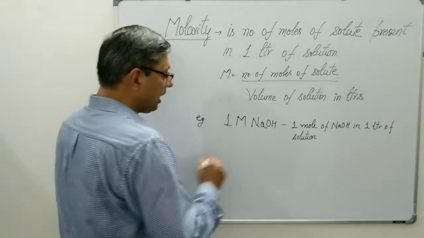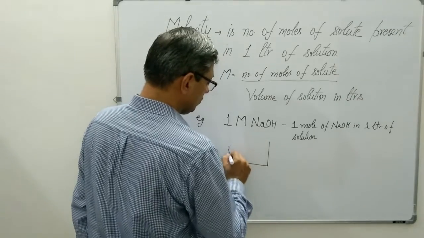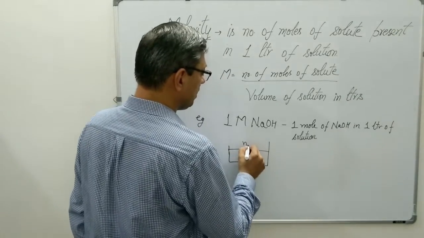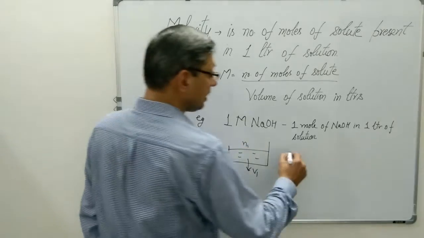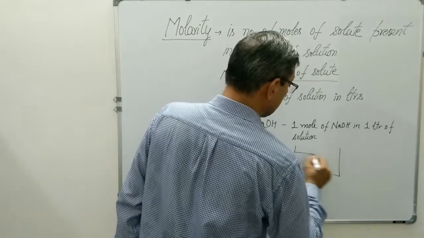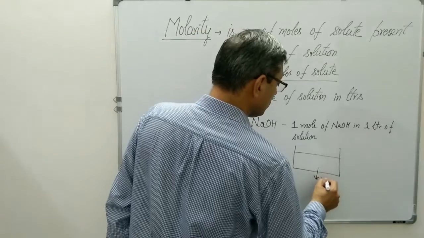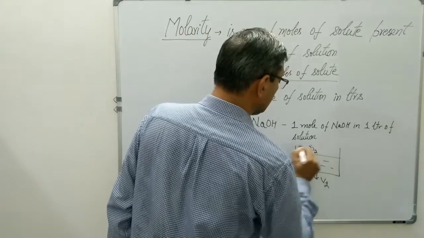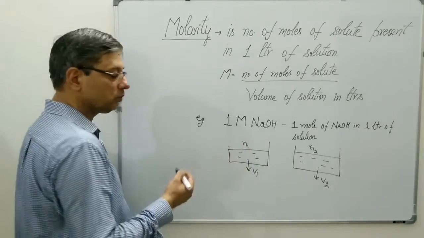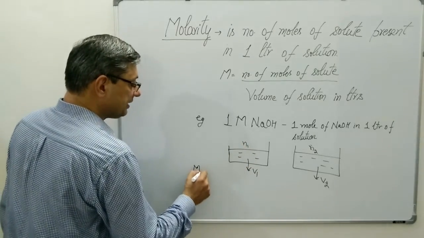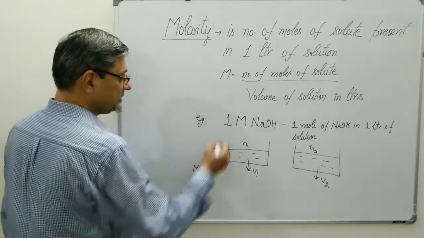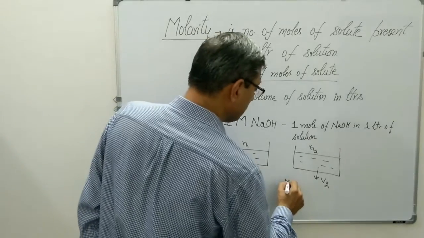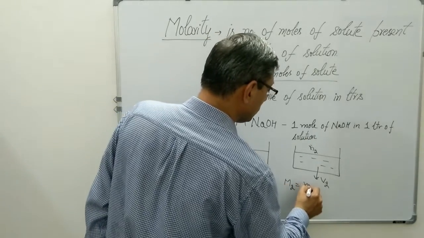For example, I take a solution whose volume is V1 and it has, suppose, N1 number of moles of solute. And from this solution, I prepare another solution whose volume is V2 and number of moles of solute is N2. Now molarity M1 for this will be, as per the formula, number of moles upon volume, and for the second, M2 will be equal to N2 upon V2.